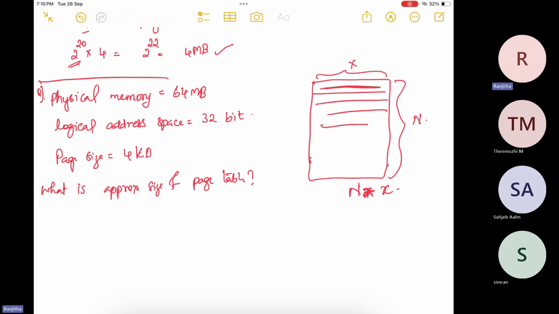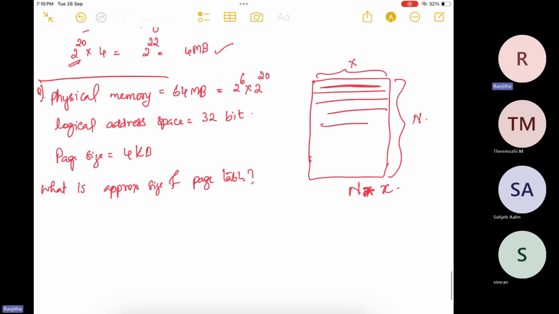So here we are told that the physical memory is 64 megabytes. Let us put it in terms of powers of 2: 64 is 2 power 6, into M which is 2 power 20, which is 2 power 26. The page size 4 KB is 2 square into 2 power 10, which is 2 power 12.